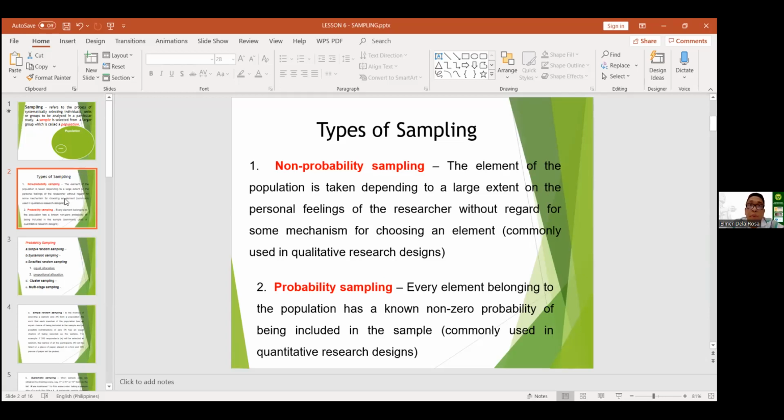For non-probability sampling, because the characteristics of the groups or individuals are more or less defined by some elements, therefore, you use non-probability sampling.